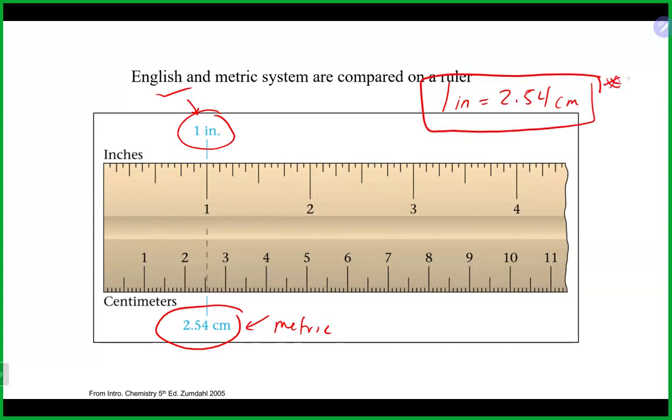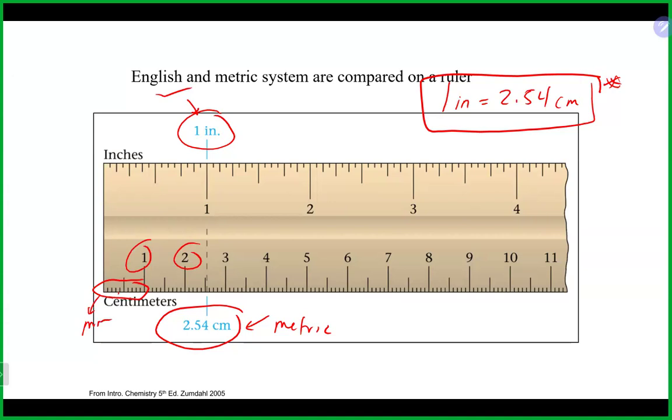By the way, just a reminder, when we're looking at our ruler here, up on top is inches. The big numbers here are centimeters. The smaller little dashes are, what are they? They're millimeters. There are 10 millimeters in a centimeter.